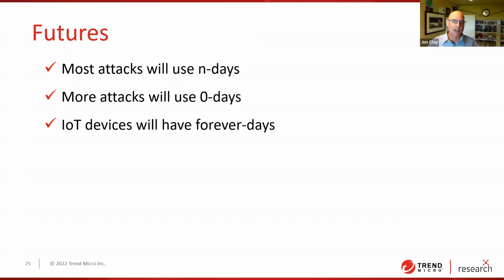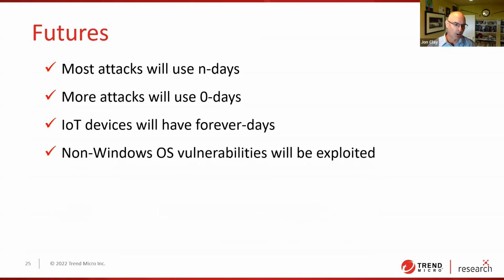They're just not going to hire the programmer when a vulnerability is found. It's not worth their time and effort. So we will see forever days occurring as we move forward.